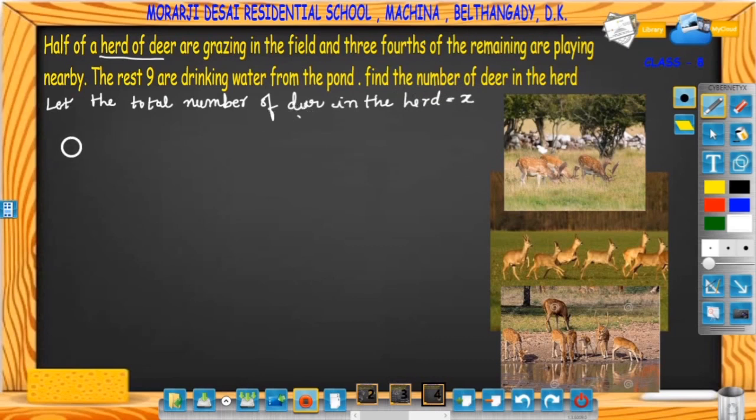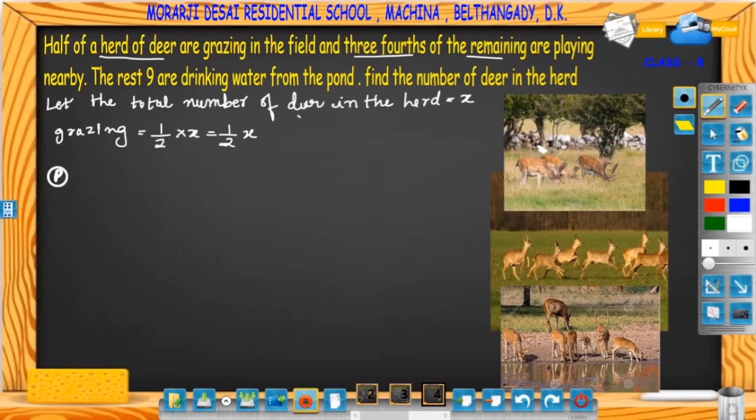Now, half of them are grazing in the field. How many of them are grazing? Half of the herd. The number of deer in the herd is x. So half x are grazing, and 3/4 of the remaining.